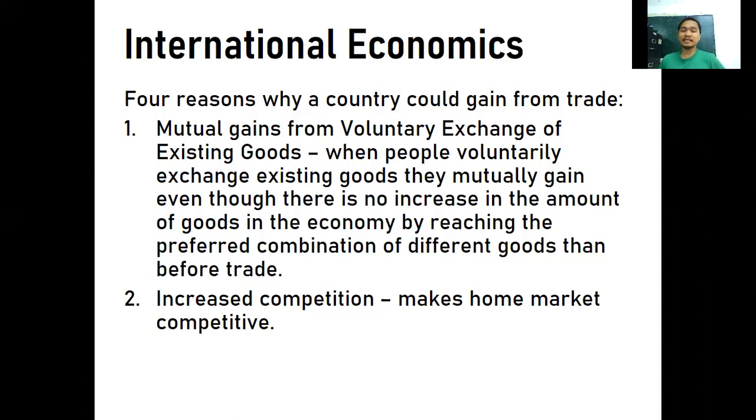So murag makaginan siya nagyapon to from the mutual. So sa ginang pa nga, even though there is no increase in the amount of the goods, but it reached by the combination of the different goods than before the trade. Okay, mao na ang first reason why country could gain from the trade.